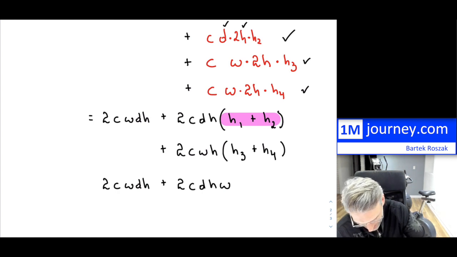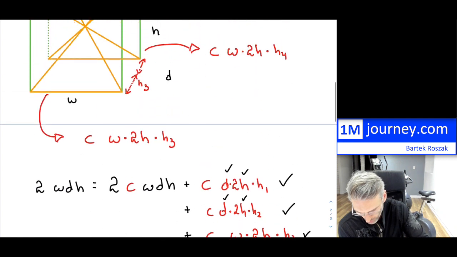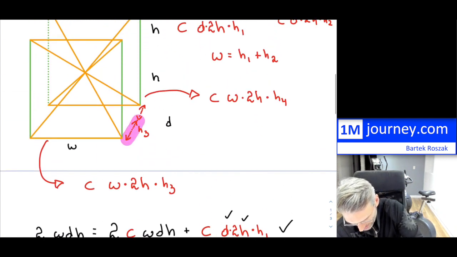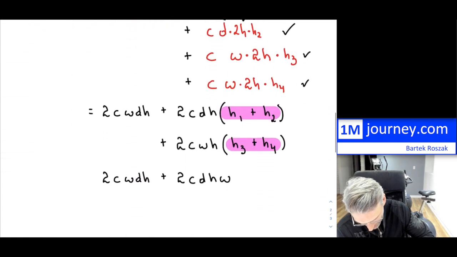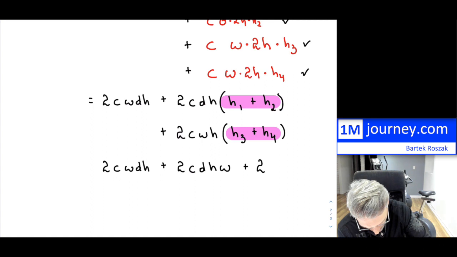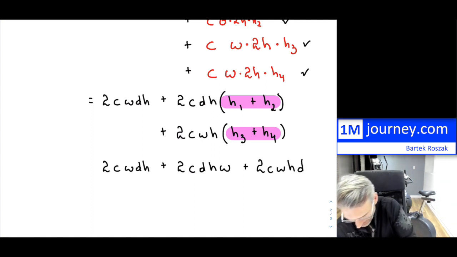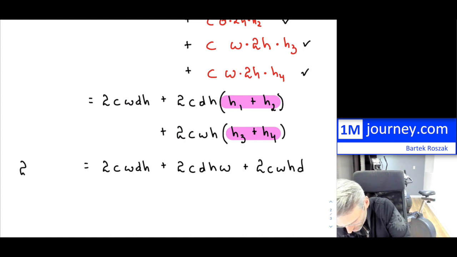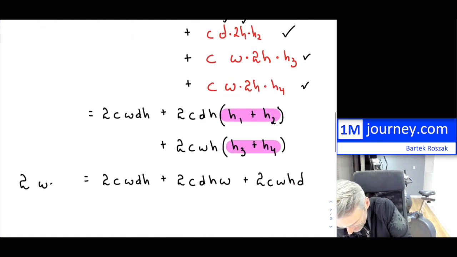And now this right here, H3 and H4, what is that? That is just D. So if that is just D, then what this becomes is 2CWHD. And all of this is equal to 2WDH.